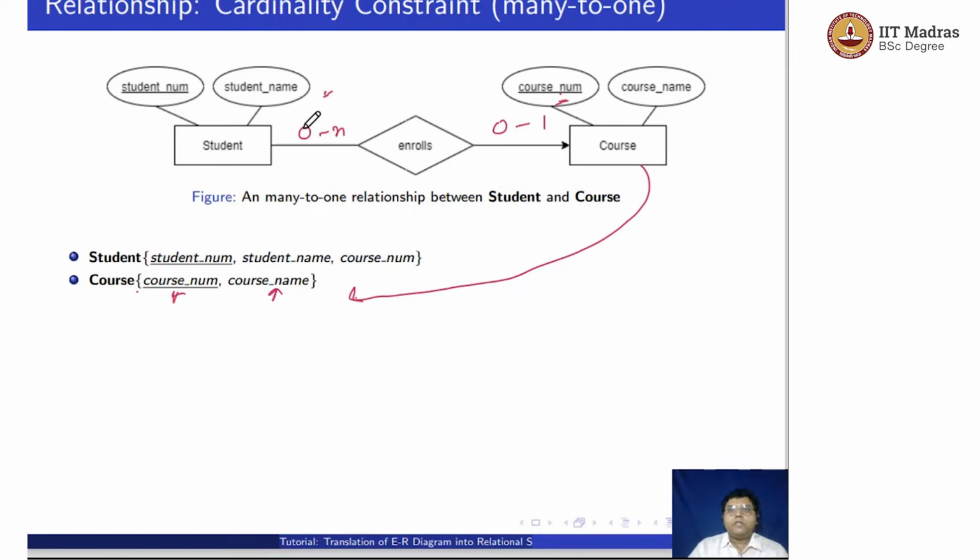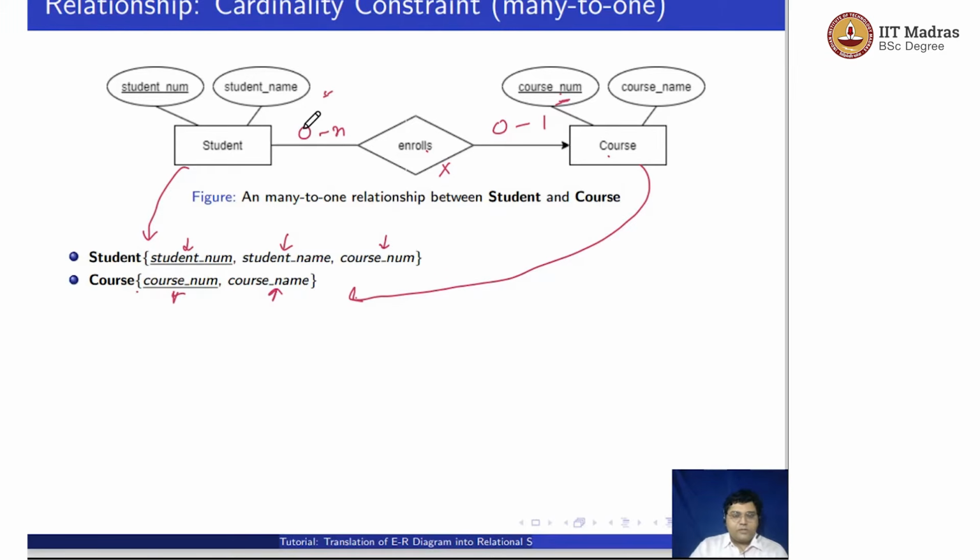This is the simple way what we do, right? Whereas for student, we are having the student number, student name, and the course number, which is the primary key of the one side, that becomes a part of this table. And we don't have to create any table for the relationship set.